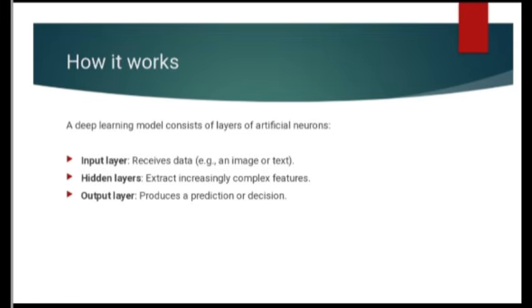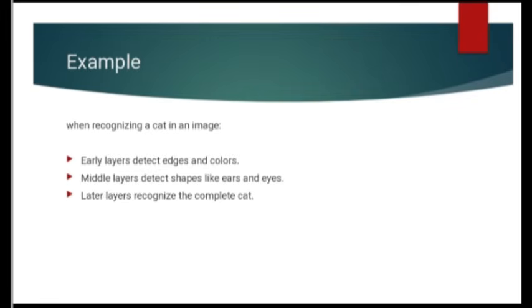The next layer is the hidden layer, where it extracts the features of the data. The last layer is the output layer, where the predictions for the given input are made. So, a deep learning system consists of three layers: input layer, hidden layer, and output layer. Let's move on to the next slide.